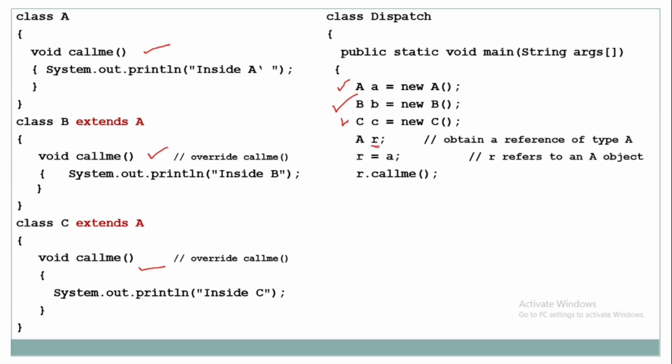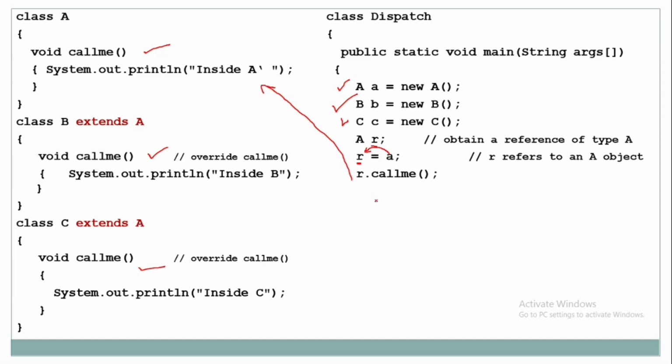It is not an object. Now I'll assign an object to the superclass reference. When I call r.callMe, the call will depend on the object being referred to, not on the superclass reference. So here the object is of class A, so the class A method is called.